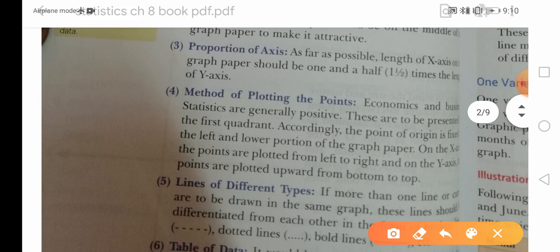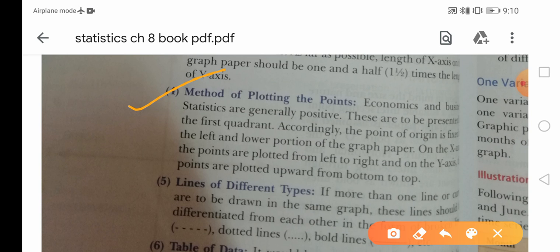Fourth method, of plotting of the points. Economics and business statistics are generally presented in a positive way. The particular graph would be made in a positive way. These are to be presented in the first quadrant, that half portion of the graph.